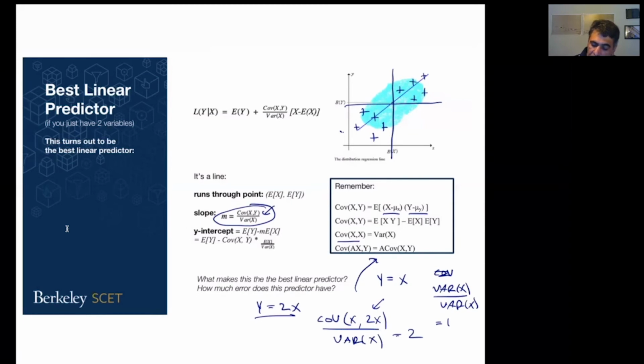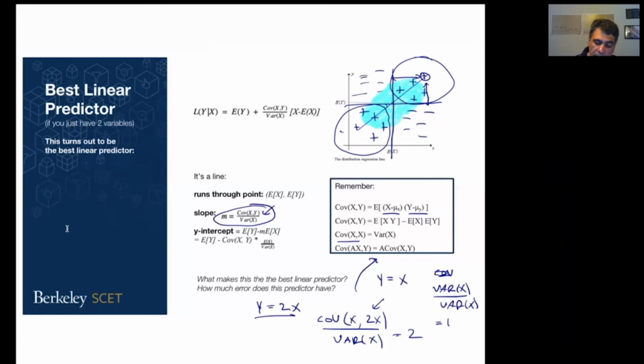So for any given point, let's say this one, it's got an x minus its mean, that's that distance, and a y value minus the expected value of y, that's this distance. Both of those are positive in this entire quadrant, and they're both negative in this entire quadrant, which means that the product is positive in both of these quadrants. And likewise, all the points here and here are negative.